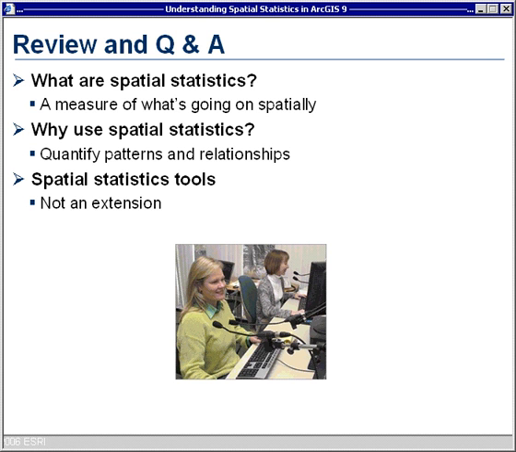The tools we're showing you today are really very different than the tools in the Geostatistical Analyst or Spatial Analyst. And actually there are several products that have other types of spatial statistics as well, including Business Analyst, and also we have something called the SAS Bridge. But the statistics in those products are used for different applications, and typically they're used to answer different types of questions.